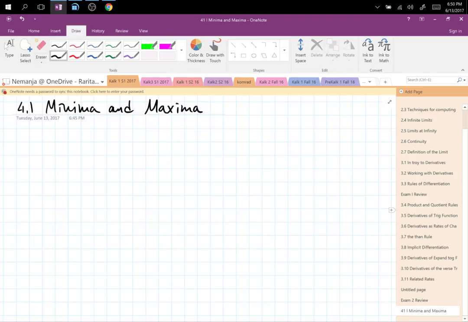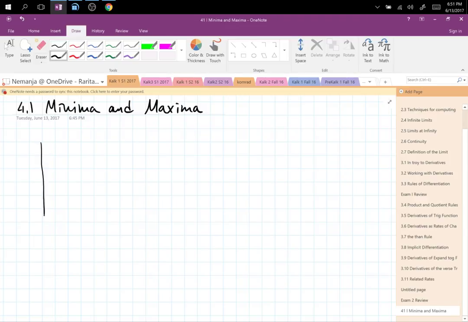We all know that the limit is just a way to find the y value anywhere on the function, not just min and max. So how do we find min and max?